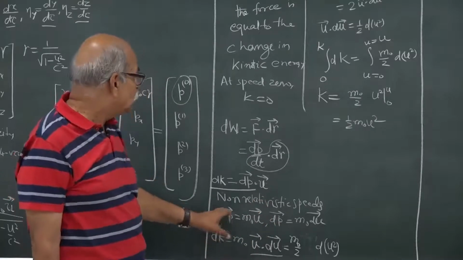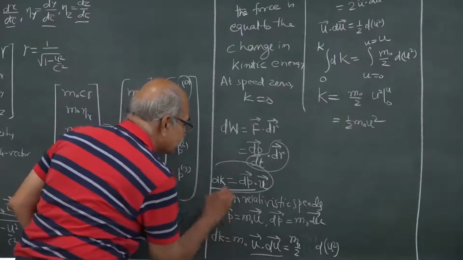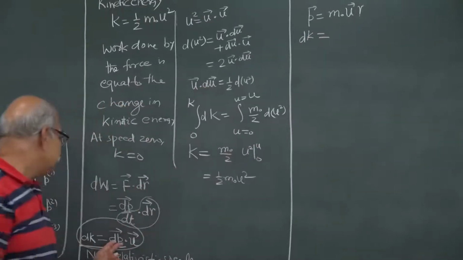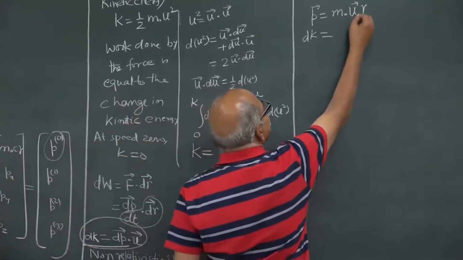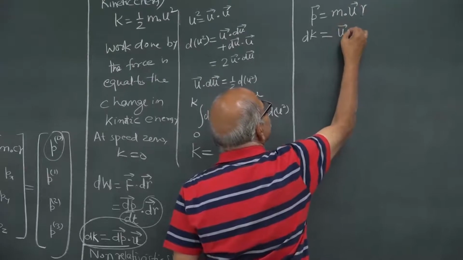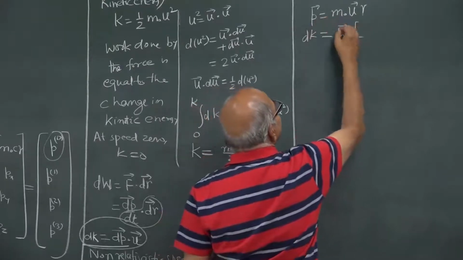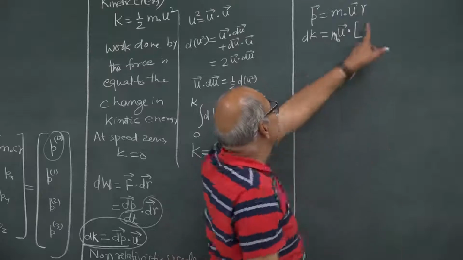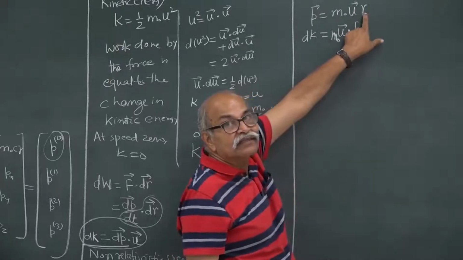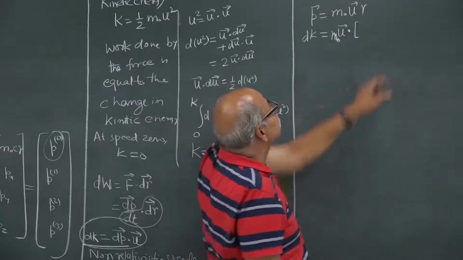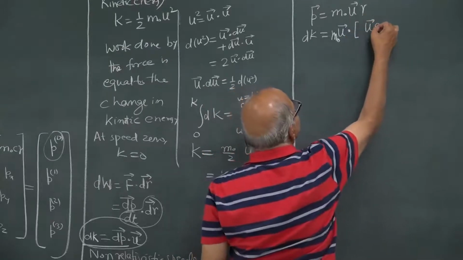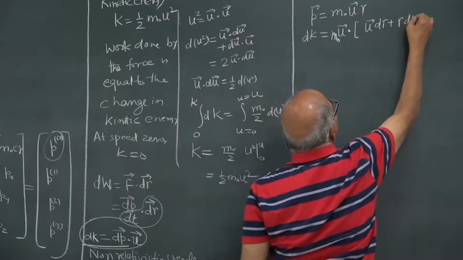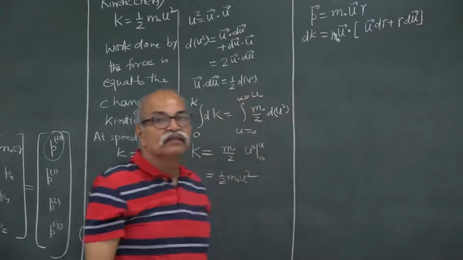Okay. So, we pick up from here, dK is equal to dp dot u, so let me write u dot dp, and what is dp? dp is, m naught is constant, so I can write this m naught here, and here u is here and u is here, again there is a product, and therefore it will be u d gamma plus gamma du, right.